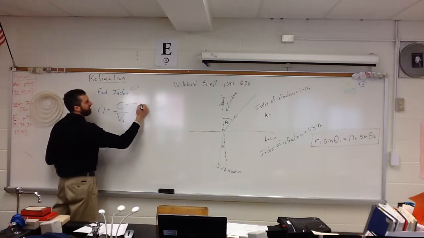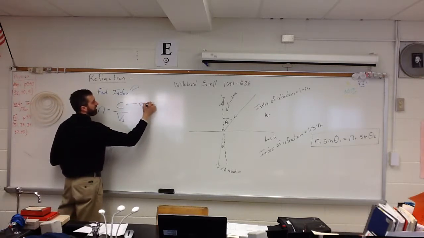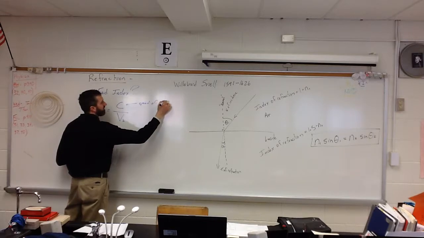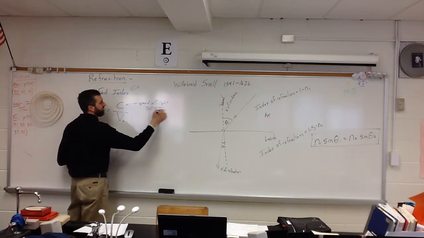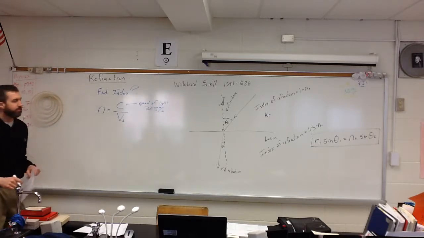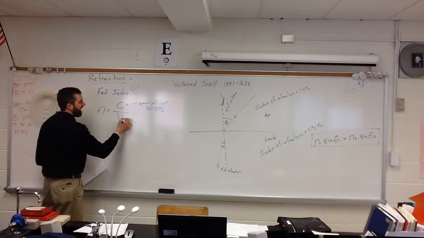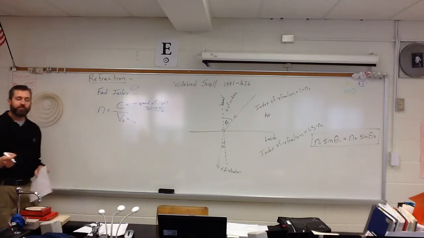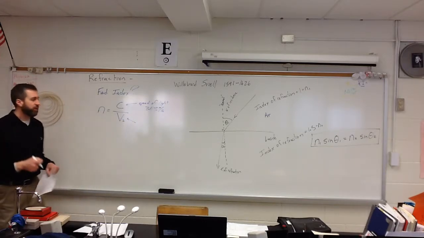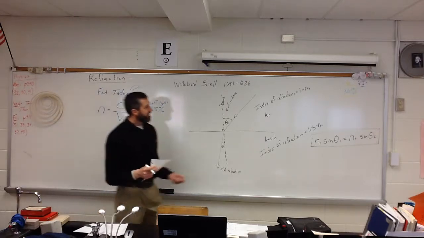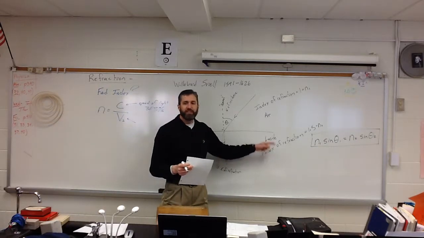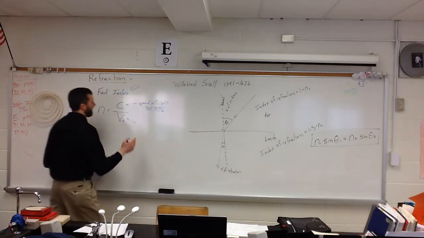So this is the speed of light, which is 3e8 meters per second. That's right, front page of your reference table. If you know, for instance, what the speed of light is in your material, so I know for a fact that in lucite, light travels at 2e8.